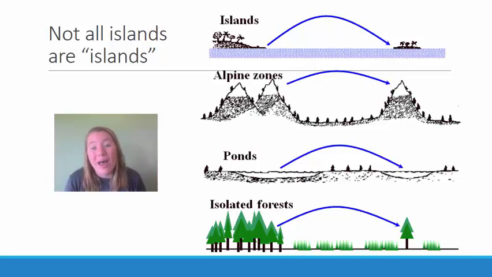And the reason why the theory of island biogeography is so important in our study of ecology is because there's been a lot of habitat destruction, and we've actually created a bunch of man-made islands throughout the world because we have knocked out entire swaths of habitat.